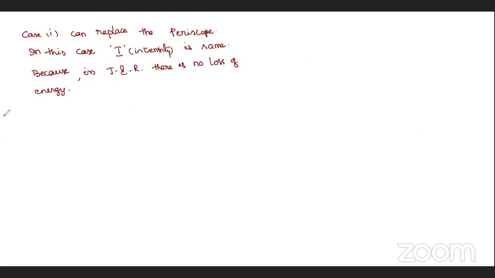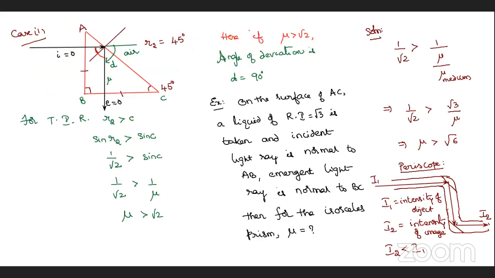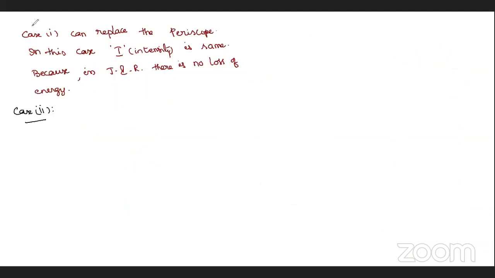Right. This is one model, Nana. Next, case 2, if you see here, in case 1, actually light is incident on the sides, Nana, not on the hypotenuse. Either on the first side or second side, both the sides are same, Nana. So the same thing, the principle of reversibility you can see. Okay. So here, the second case, if light is incident normally on the hypotenuse, then what happens?